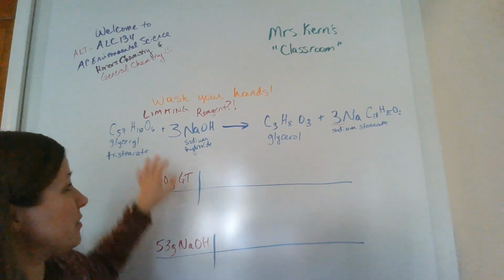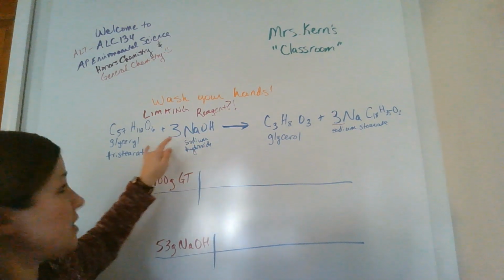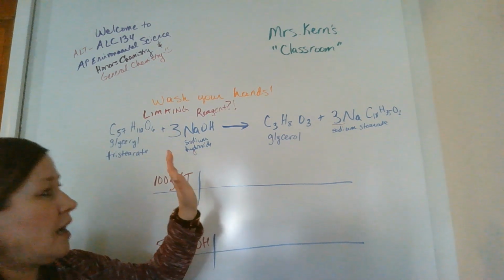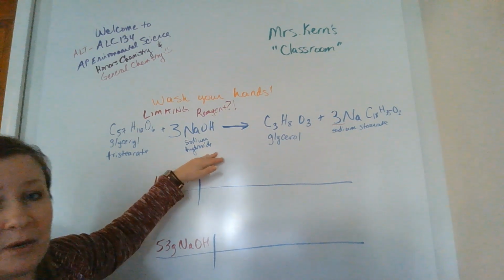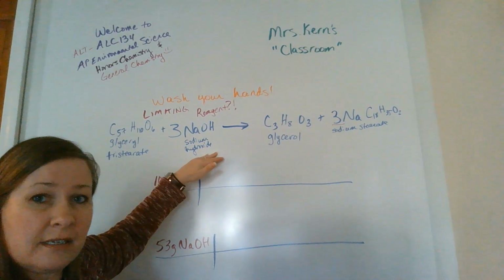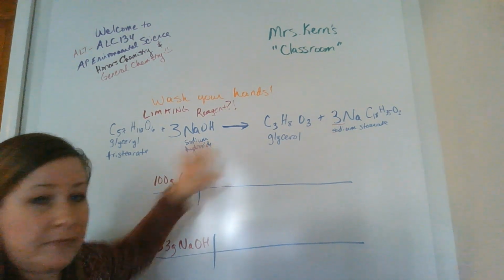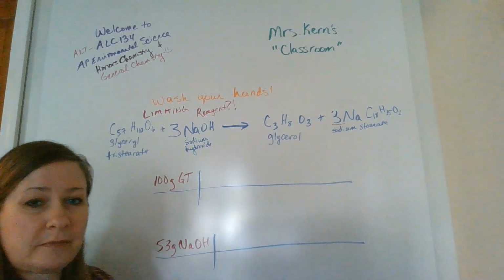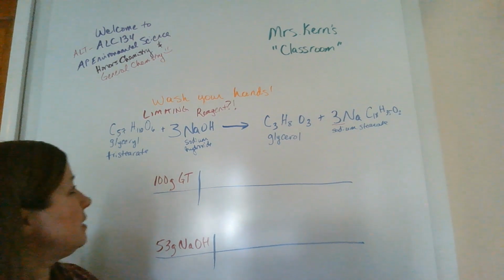So we want to make sure we have close to the right amounts of each of these. Again, this is a 1 mole to 3 mole ratio, but we definitely want to make sure that this gets all used up. So here's a little practice problem. We'll try it and see what we think.